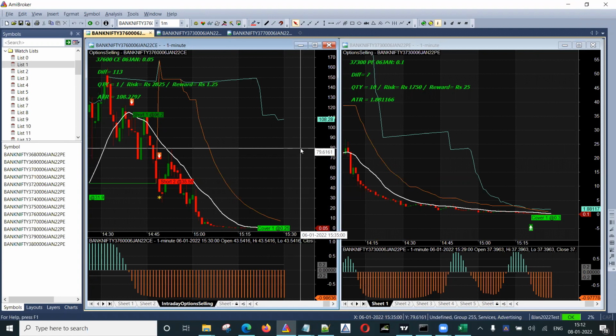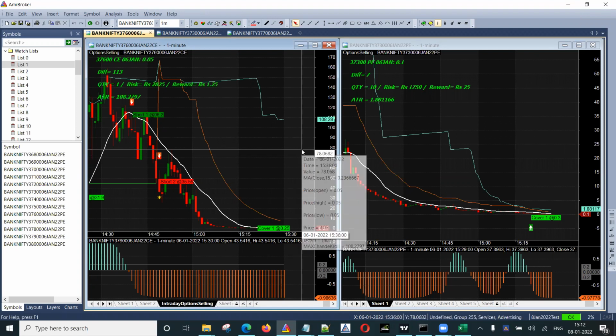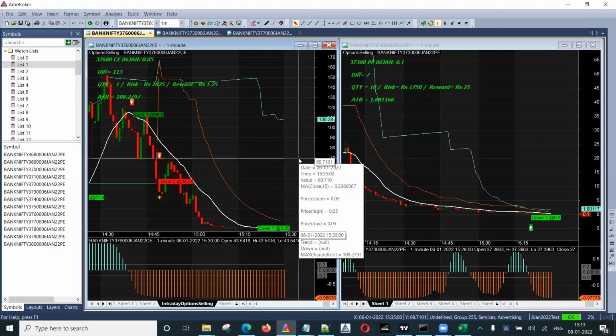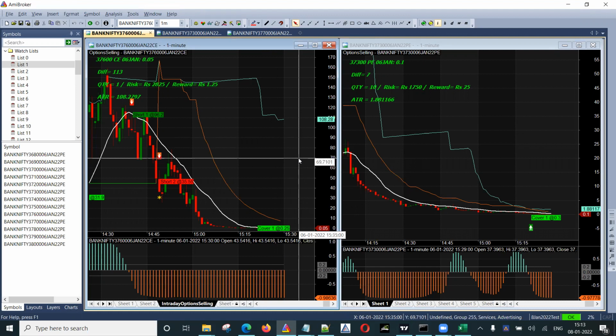I'm just giving an approximate figure. However, if you hedge the positions by buying 1,000 points away options, then you'll get those 10 lots in less than 4 lakh, right? So this system, on a capital of probably 7 or 8 lakhs maximum, you can easily trade, and you'll definitely keep getting margin benefits.